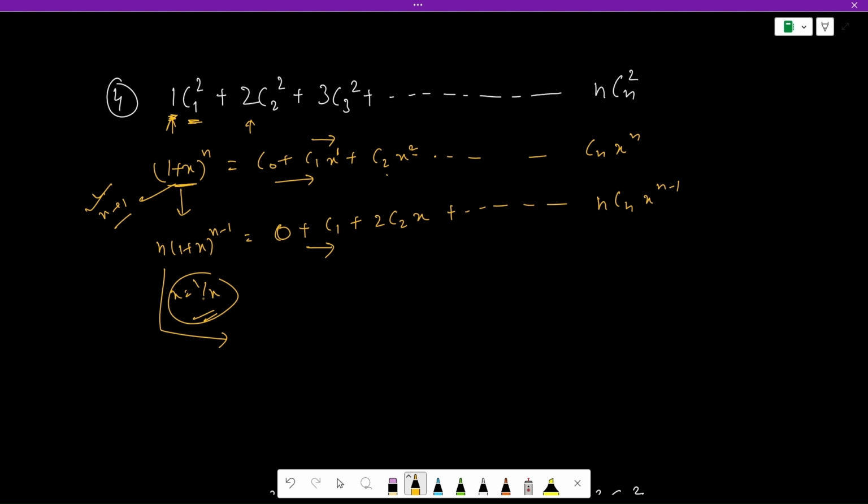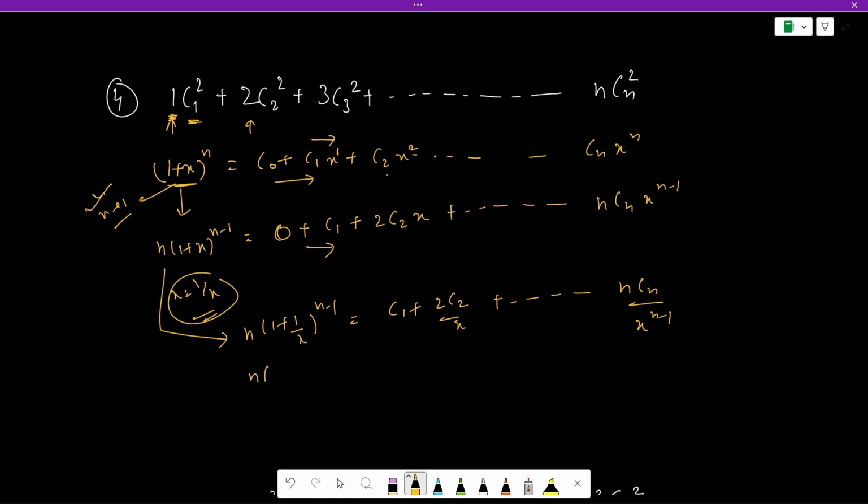Now putting x equal to 1 by x here, we will get n into (1 plus 1 by x) raised to the power n minus 1. This will be equal to c1 plus 2 c2 by x plus so on, n cn by x raised to the power n minus 1. Now let's take the LCM.